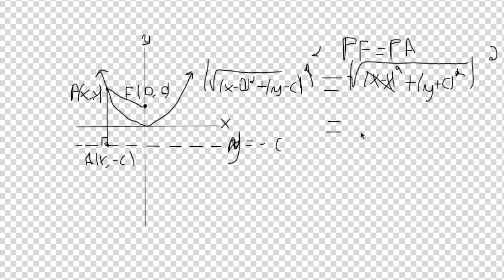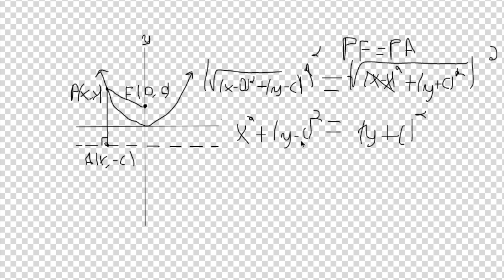Thus, for our next step, we have y plus c squared equals x minus 0 squared, which is just x squared, plus y minus c squared.